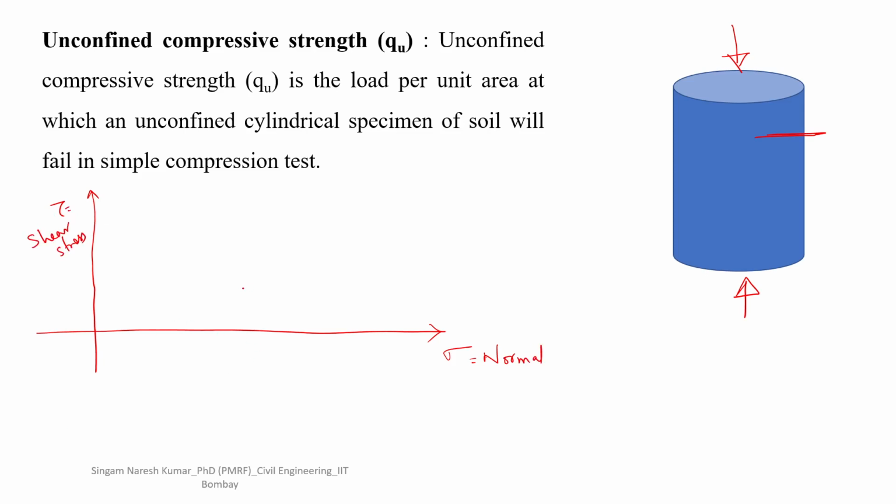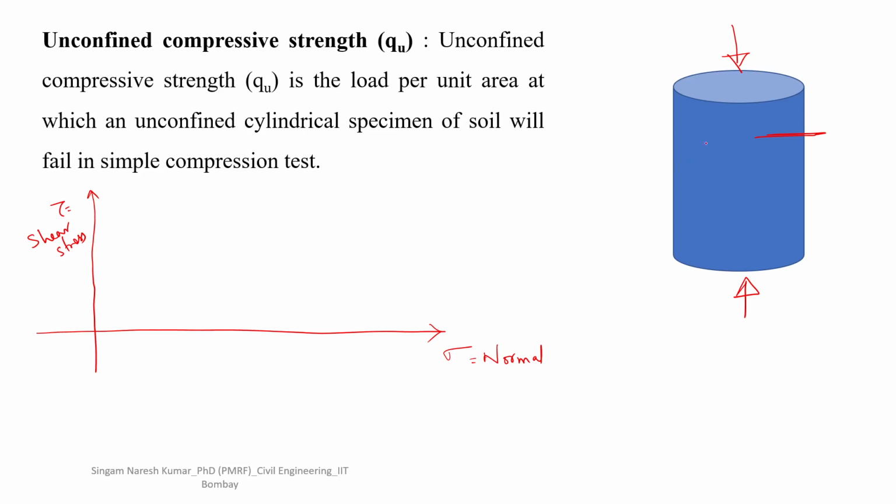Now we need to take points which have normal stress and shear stress. There are an infinite number of planes on this soil sample. We will take the principal planes, through which we can draw the Mohr circle easily. What are principal planes?